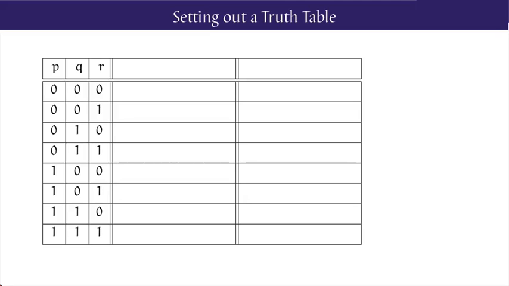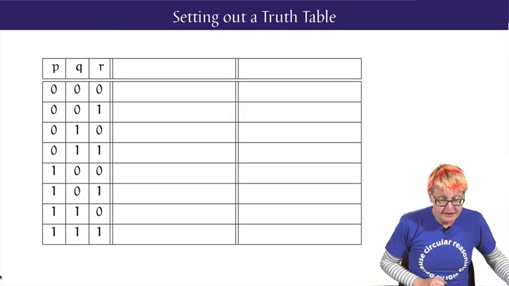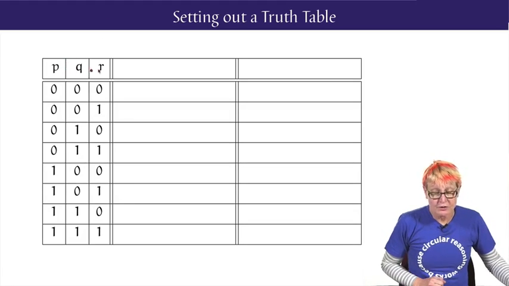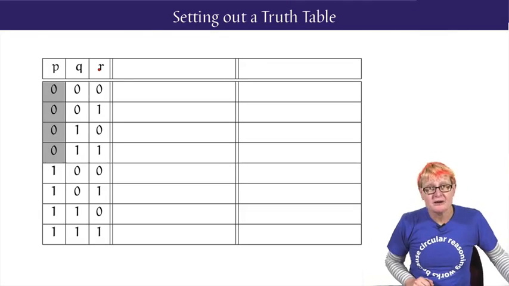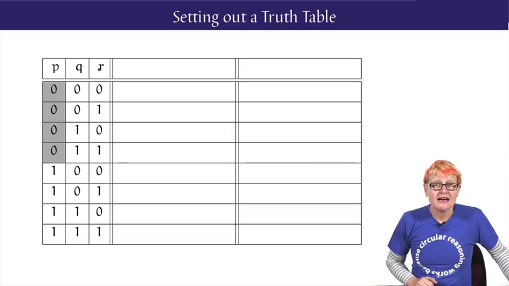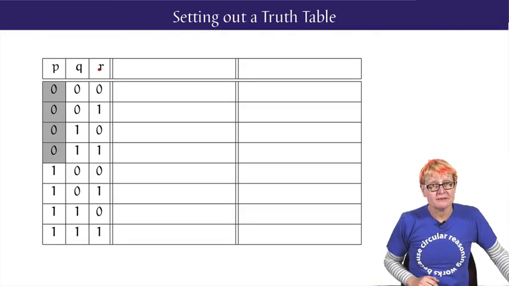To set out a truth table for, say, 3 atomic propositions, an orderly way to do it is by listing the atomic propositions in order from left to right, P, Q and R. Then to systematically list all the 8 combinations of truth values, a clever way to do it is vertically rather than horizontally.